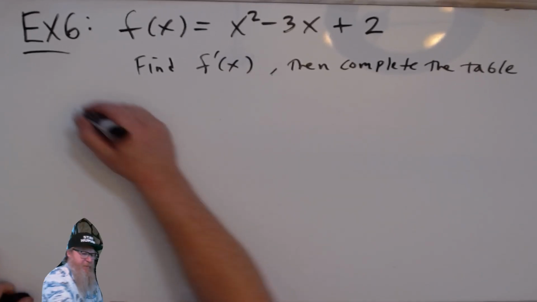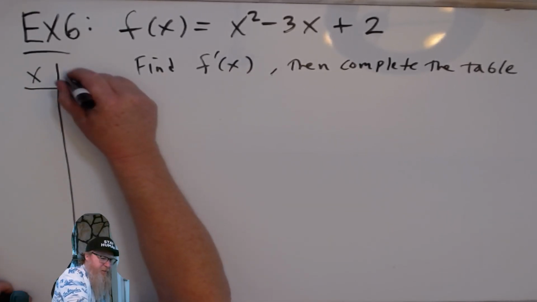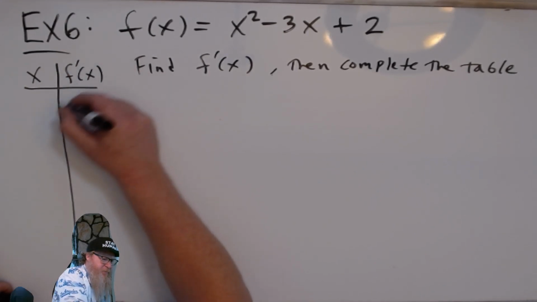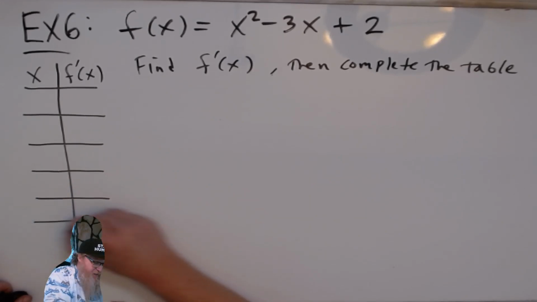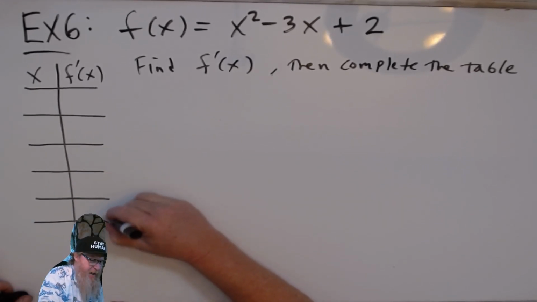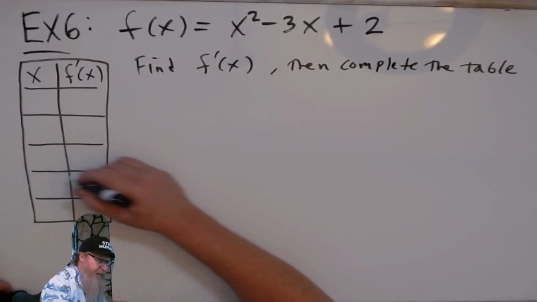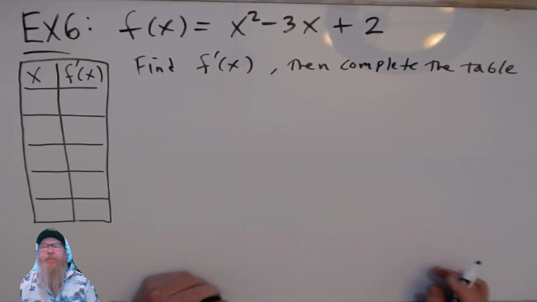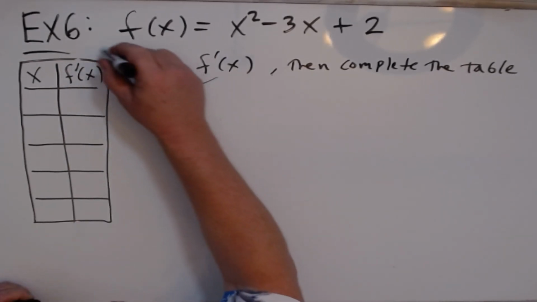Where should I put my table? I'll put my table over here because we won't need it for a while. So this is a lot like the tables we've done in the past, but now we're labeling it as a derivative table. So it's not a function table.